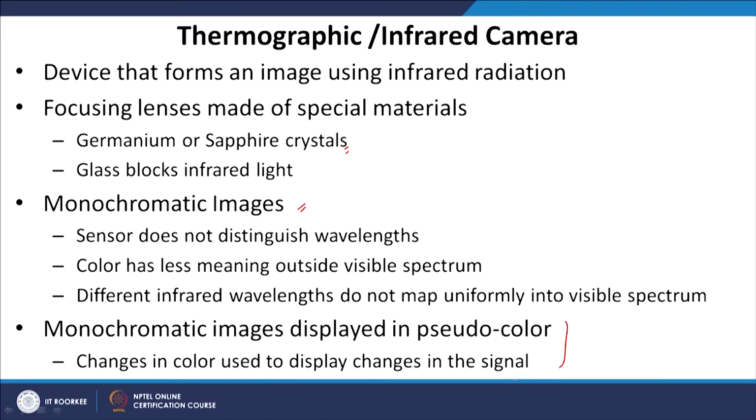Now, in an infrared camera the sensor may be monochromatic, but it gives you different intensities at different wavelengths, which is shown as a function of color because of the pseudo color representation. So pseudo color representation is basically a representation of intensities at different wavelengths.